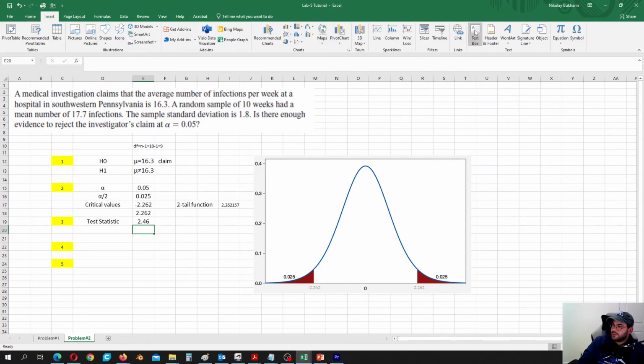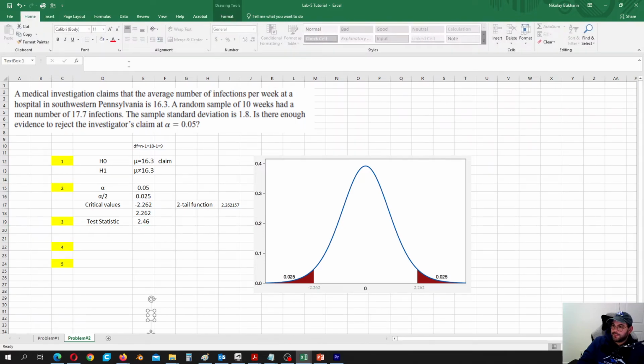Let's insert the text box here. We are in the critical region, that is why we reject H0.